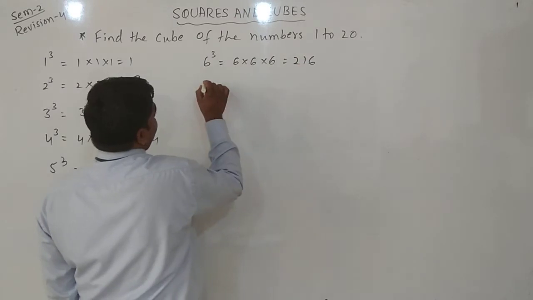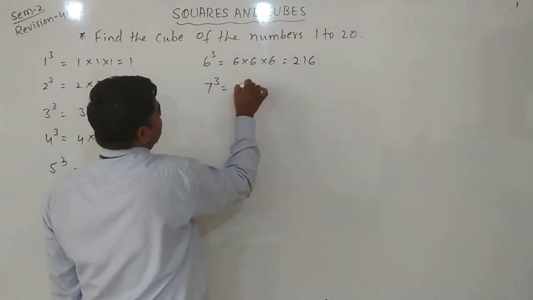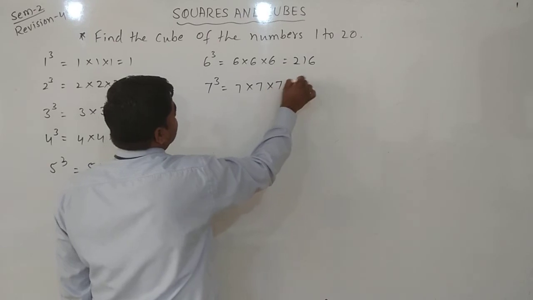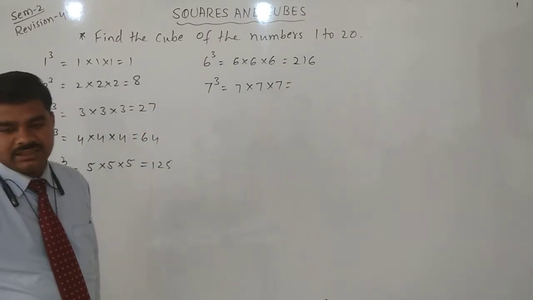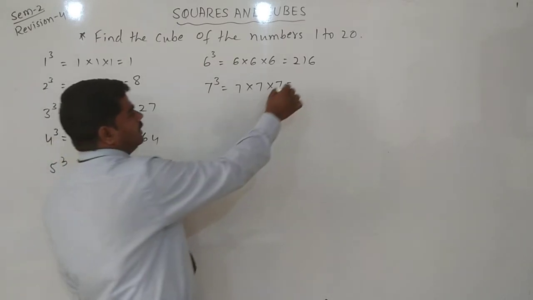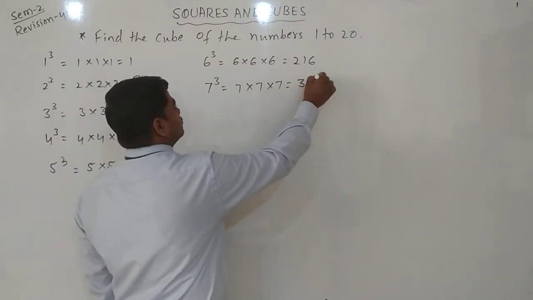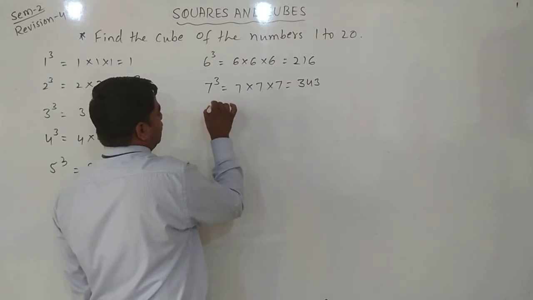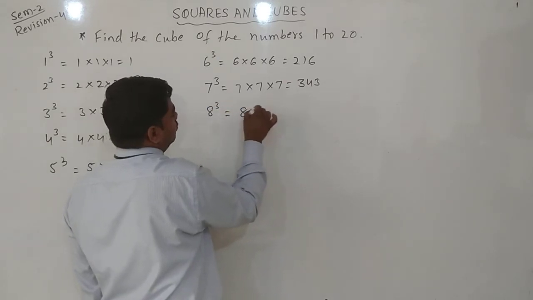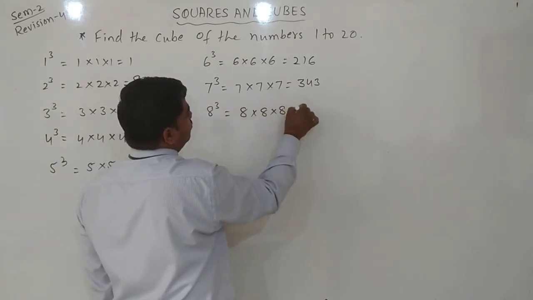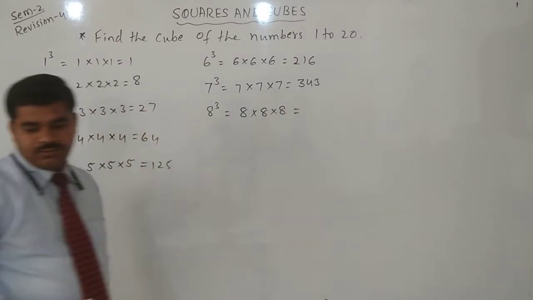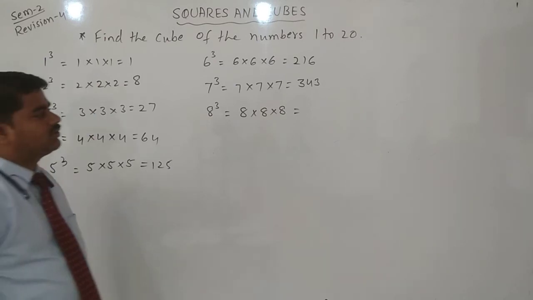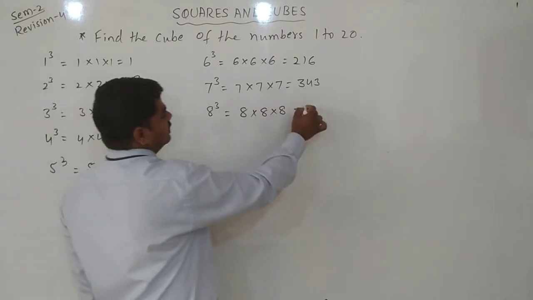Next, 7 cube, 7 into 7 into 7. 7 7s are 49, 49 7s are 343. 8 cube, 8 8s are 64, 64 8s are 512.